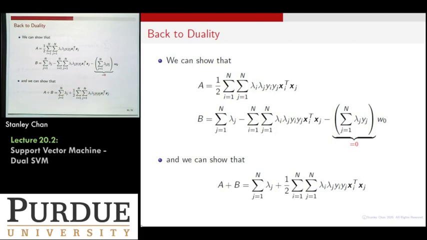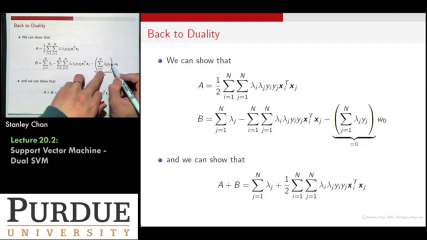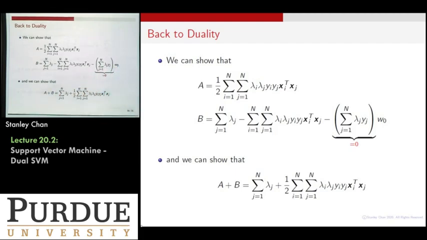There's also one more very interesting thing, which is that lambda j and yj has to sum to 0. Okay, and why is that? Oh, okay. I sort of forget why this is the case, but I think that it's because all the data points, they can be correctly classified.